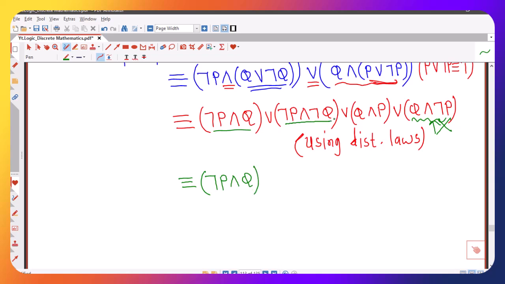Then negation P and negation Q is not repeating, so I keep this as it is.